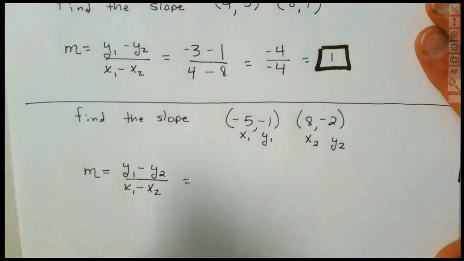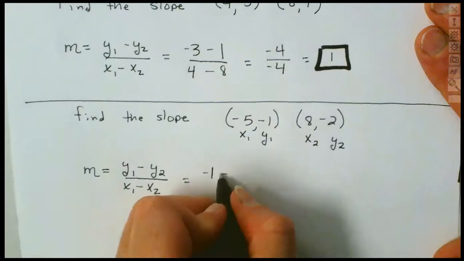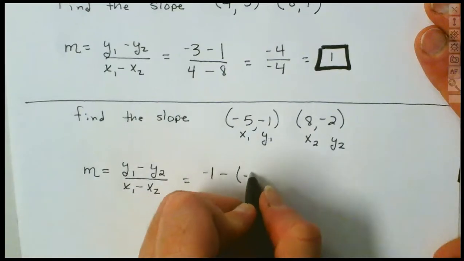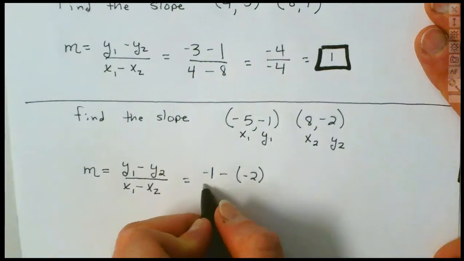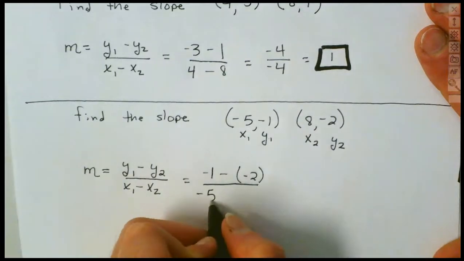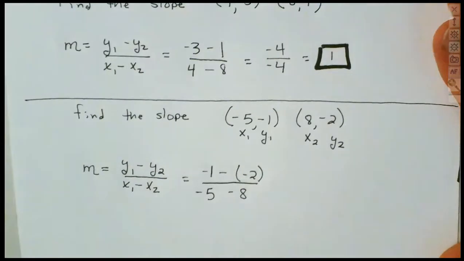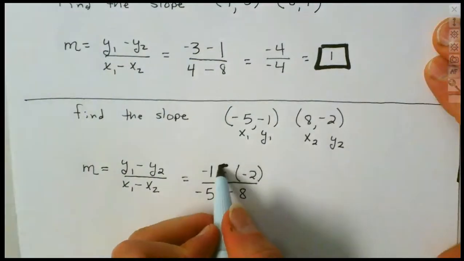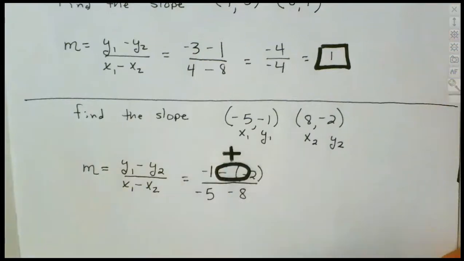Now watch out for double negatives because this one does have them. We have -1, because that's y1 minus a -2. See the double negative there? We'll deal with that in a moment. Down below we have -5 minus -8. Well, what do we know about a double negative here?